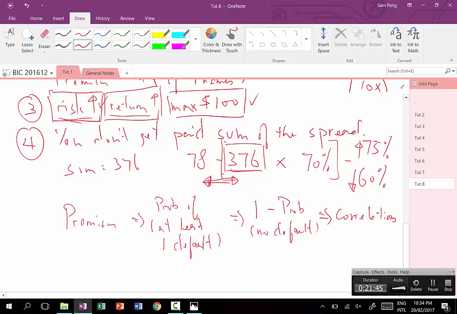And if the correlation between the entities is very high, let's say they are similar companies, highly correlated. So when correlation goes up, the probability that there is no default actually goes down.